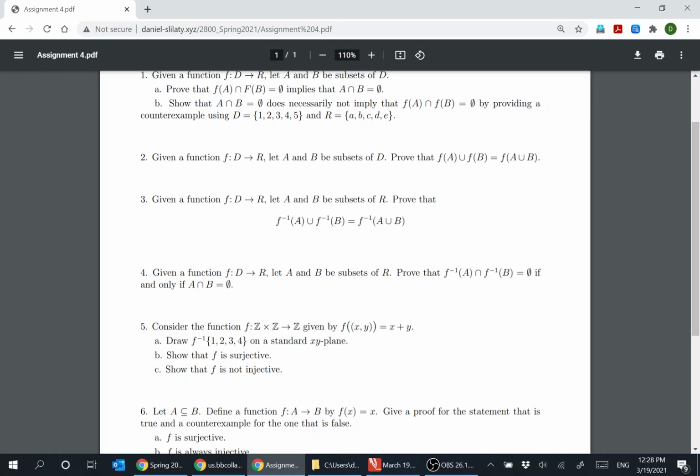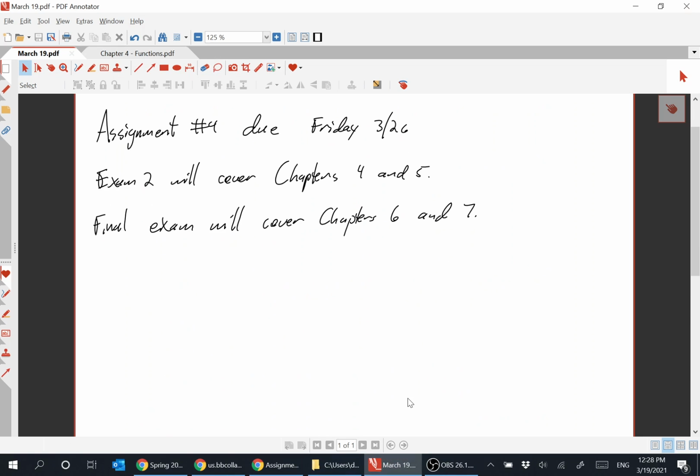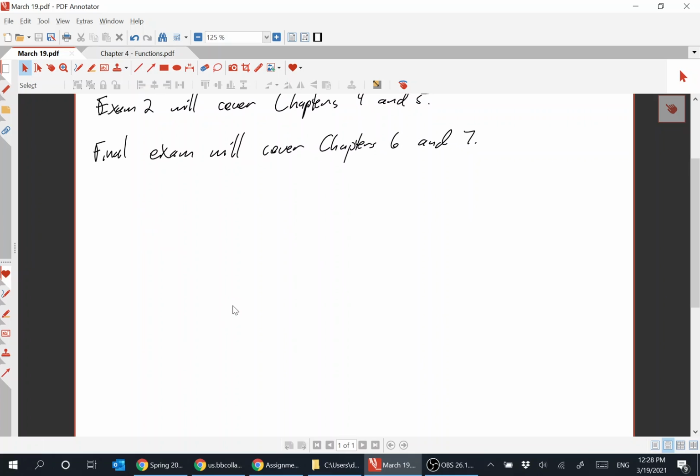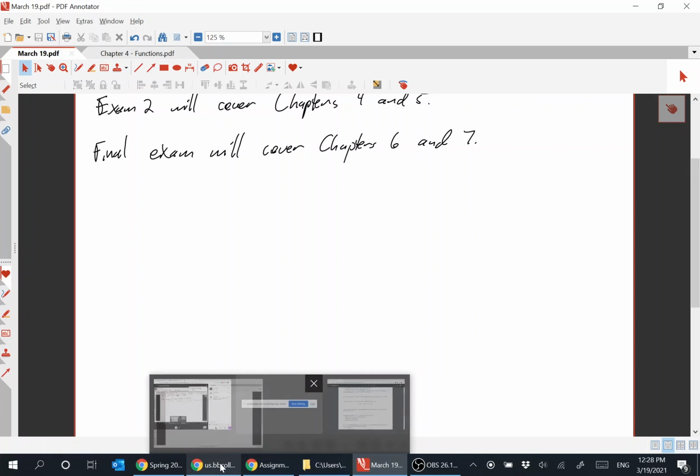Oh, I'm sorry. 5C. Show that F is not surjective, by giving an example of where it isn't, or not injective. Give an example of where it's not, giving 2 elements. Let's write that down. So on 5B, actually let me write a little bit more down.